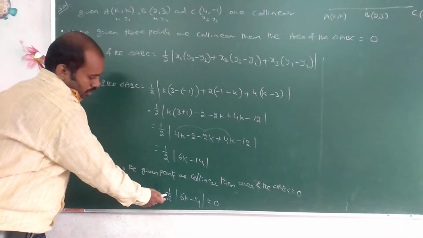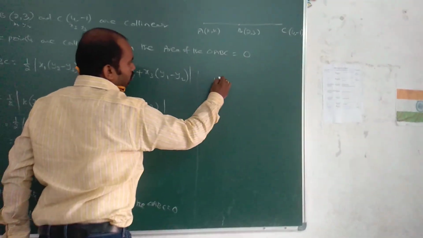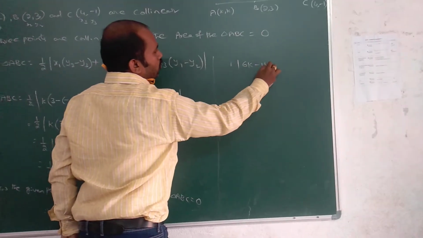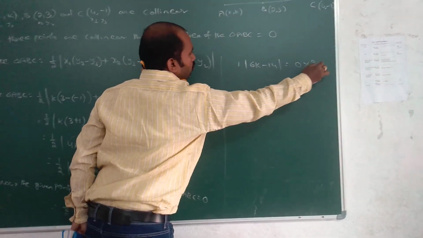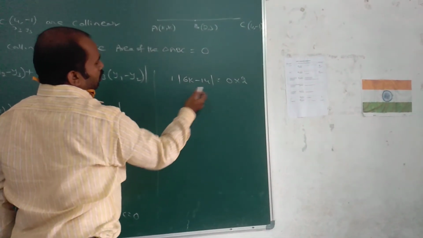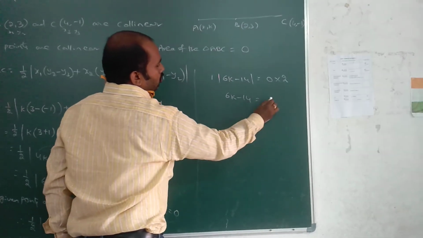Half is there on the left side, take it to the right side. So modulus of 1 into modulus of 6k minus 14 equal to 0 into 2. Here the division by 2 is there, so take it to the right side, that means multiplication. 1 into simplification of 6k minus 14 equal to 0.